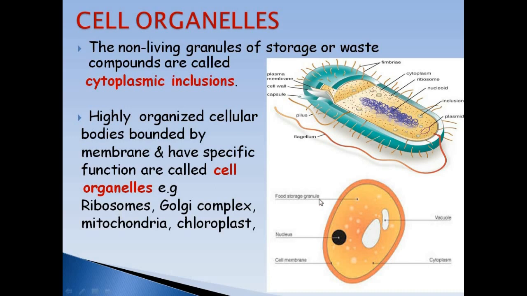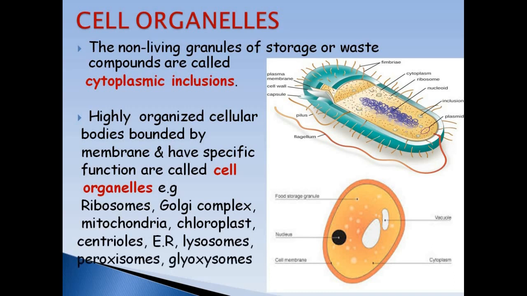The other main structure is cell organelle. Number of cell organelles are present in cytoplasm. These are bounded by a membrane, and each and every organelle has a specific function to perform. For example, ribosomes, Golgi complex, mitochondria, chloroplasts, centrioles, endoplasmic reticulum, lysosomes, peroxisomes, glyoxysomes, and nucleus.